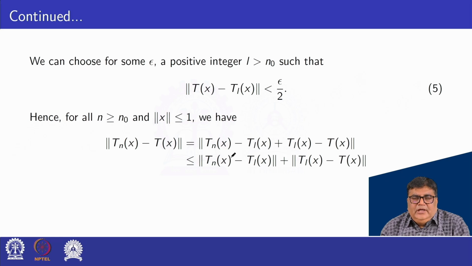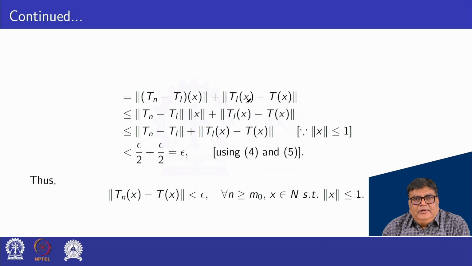So this is ≤ ‖Tnx − TLx‖ + ‖TLx − Tx‖. Here by the definition of bounded linear transformation, ‖(Tn − TL)x‖ ≤ ‖Tn − TL‖ ‖x‖, and the other term as it is.